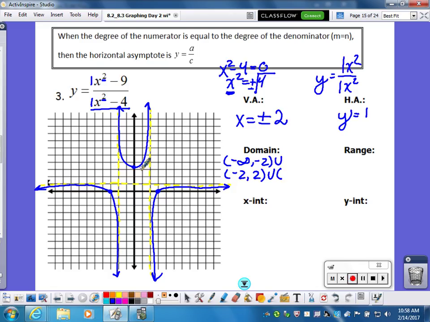And then we're going to go from 2 to positive infinity. Now let's look at the range. Remember, we read range from the bottom to the top. Okay? So we're here, we're thinking negative infinity to 1. And then we're at 1 to infinity.